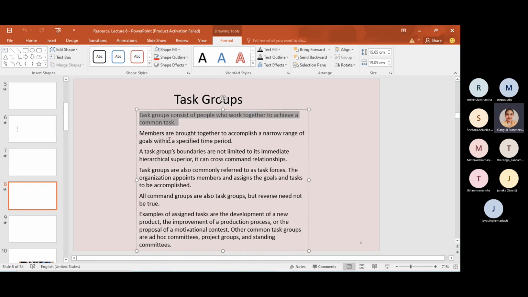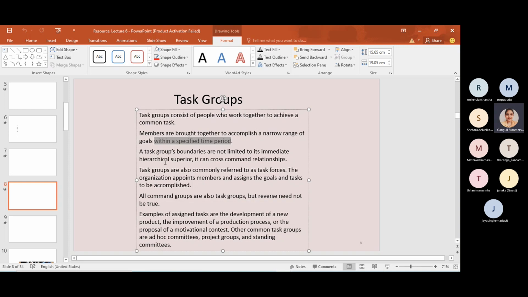You need to achieve these tasks or goals within a specific time period, a specific duration in which you have to complete them.